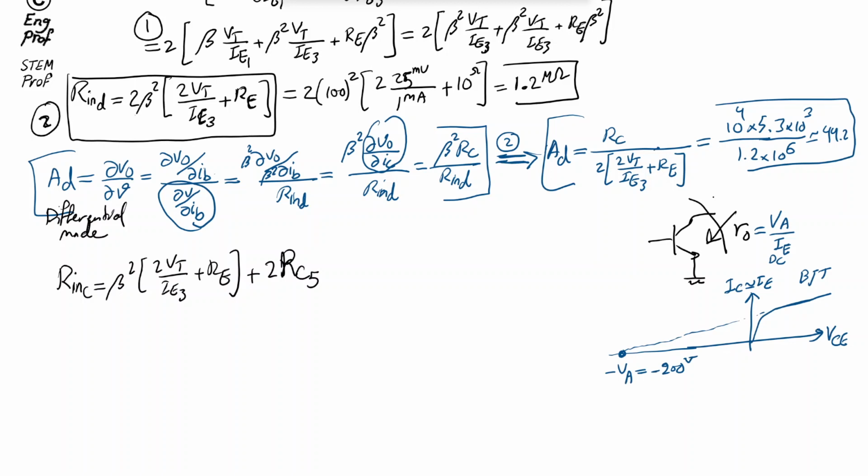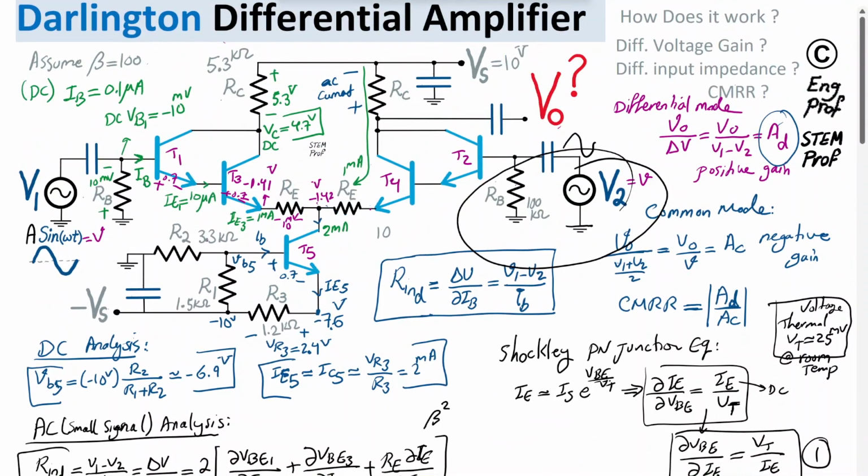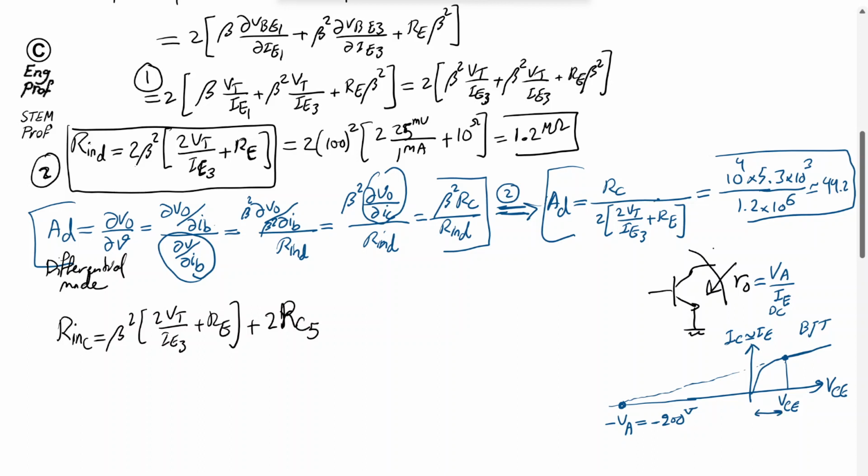The DC bias point for transistor T5, as you can see, is minus 1.4 at the collector and minus 7.6 at the emitter, so we're talking about roughly 6 volts. So this is 6 volts and this is 2 milliamp. 6 volts versus 200 volts is negligible.